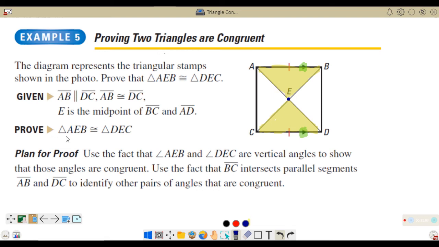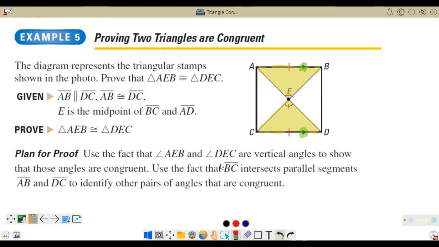We have to prove that AEB is congruent to DEC. So, plan for proof. Use the fact that angle AEB and DEC are vertical angles to show that those angles are congruent. Yan, madali na pala to eh. So, dito, dapat mapakita natin na itong dalawa ay congruent.